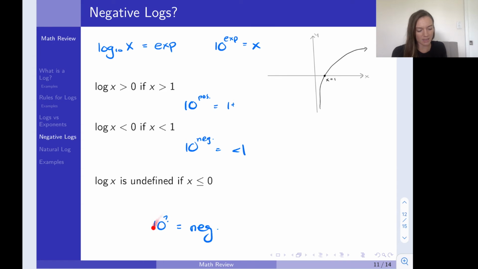Is there any exponent I can raise 10 to in order to get a negative number? There's not. That's why the log of a negative number is undefined. The same thing goes for log of 0. If I have 10 to some power, can I ever get 0? What number can I raise 10 to get 0? There's nothing that satisfies that equation, so the log of 0 is also undefined.